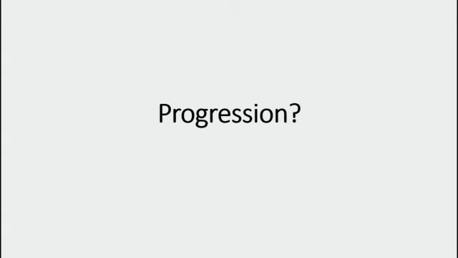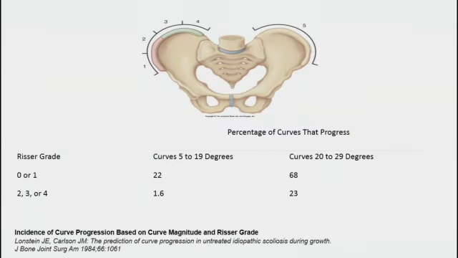Now, progression. Dr. Aru just gave an excellent talk on how to assess growth in children. What we use is the Risser grades, and the reason this is very important is that a child with a Risser 0 or Risser 1, who has a curve between 20 to 29 degrees, has almost a 70% chance of progression of the curve, versus a patient who comes a little later, with a Risser 2, 3 or 4, where the chance of progression is less than 20% for a larger curve.